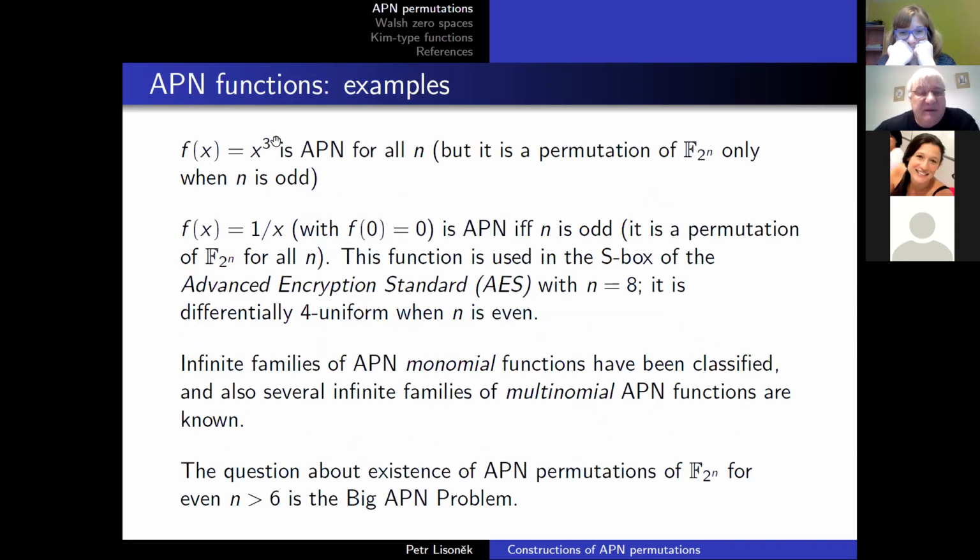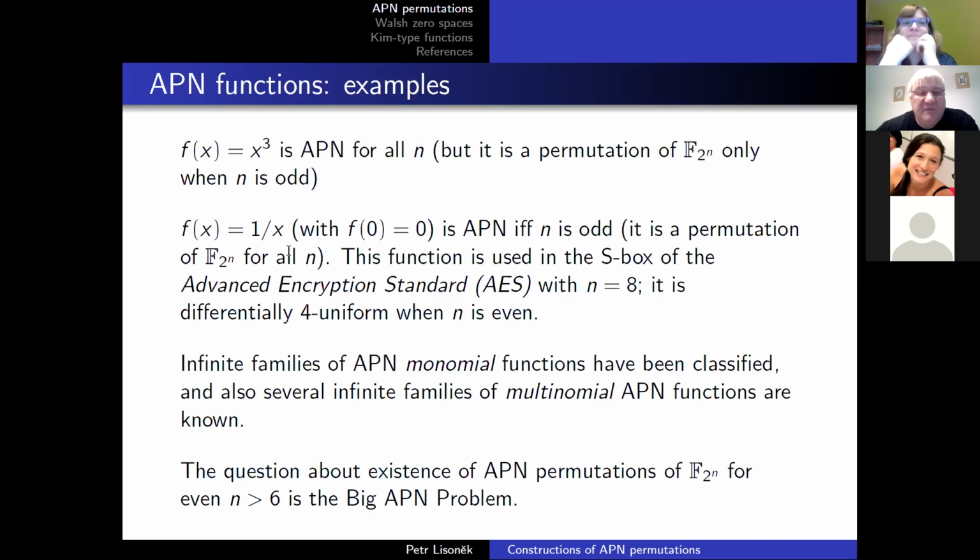So there are some examples. X cube is APN in all dimensions, but it's only a permutation if n is odd. Vice versa, the field inverse function is APN if and only if n is odd, although it's a permutation for all n.